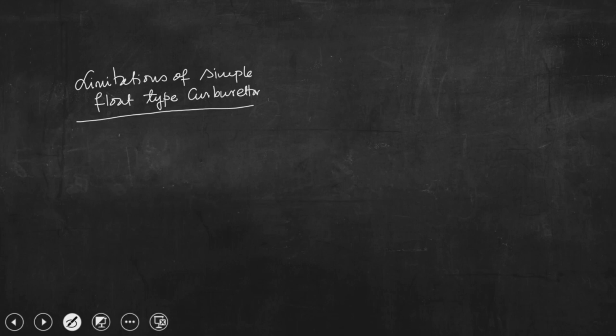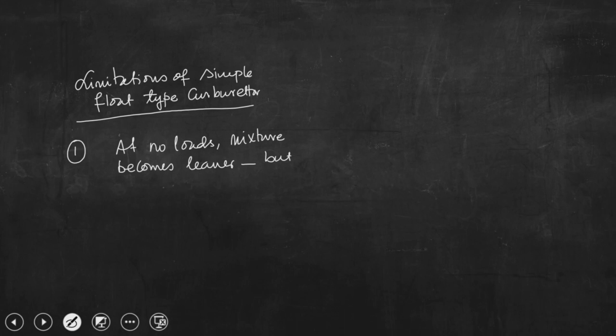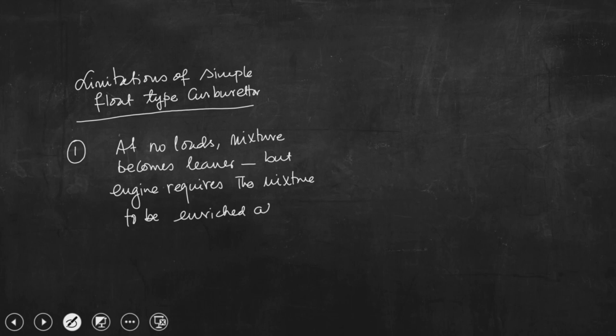Basically, what we can see, we can write that number 1, at no loads, right, the mixture becomes linear but the engine requires the mixture to be enriched at no loads. So, this is number 1.